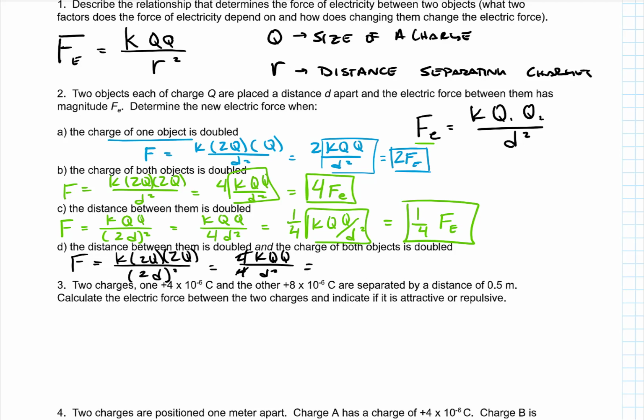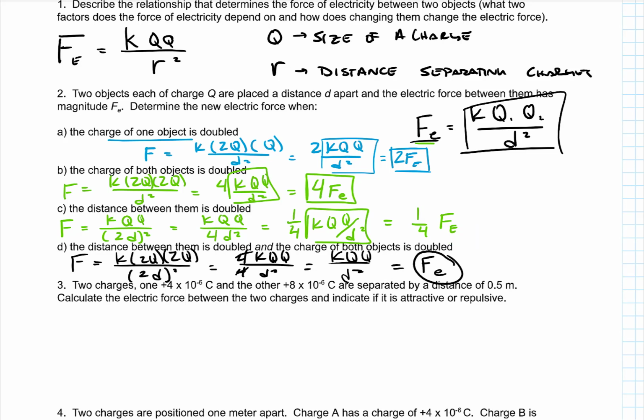Those 4's go away, and I just get KQQ over d squared, which is the same thing as my original electric force. So when I do all of that, I don't end up changing the electric force at all. It stays the same size that it was before.